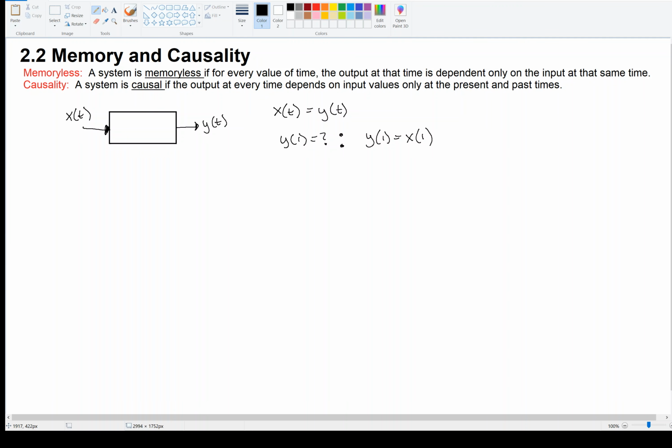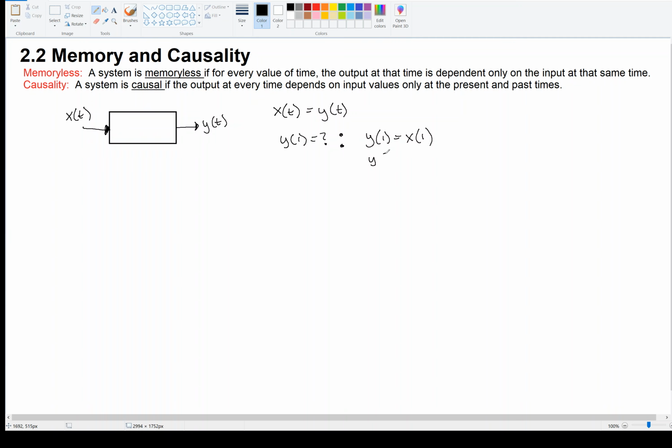Whatever I get out right now at 1 second is equal to the input right now at 1 second. Okay, so that covers this part. The output at 1 second is dependent only on the input at 1 second. But that has to be true for every value of time.